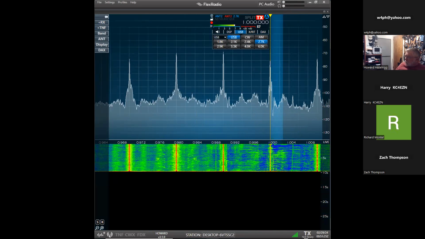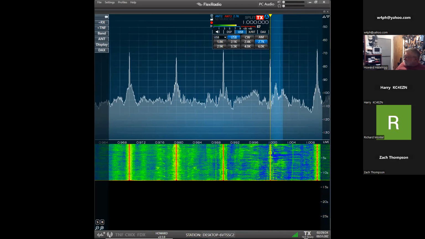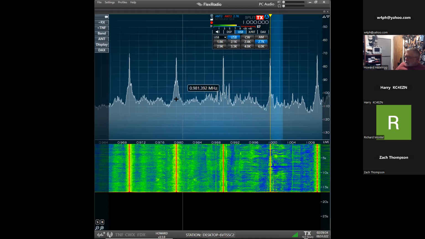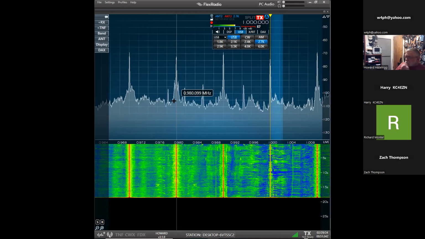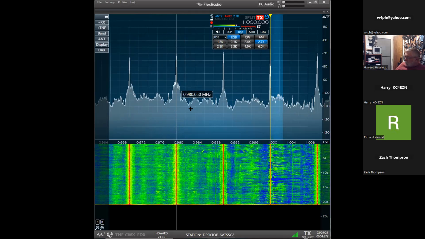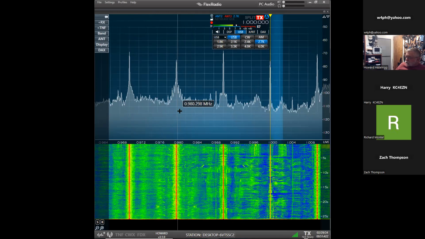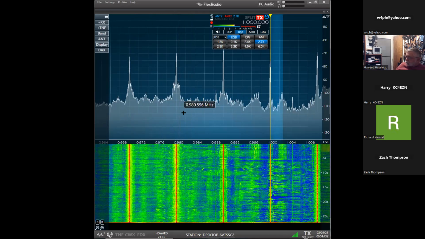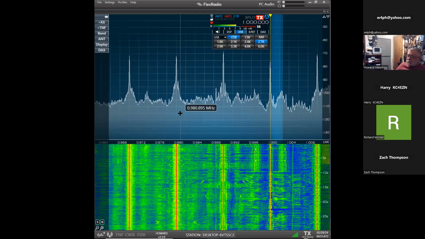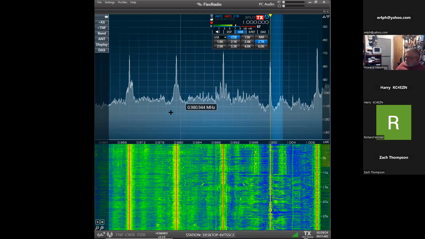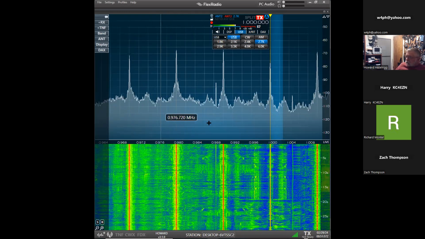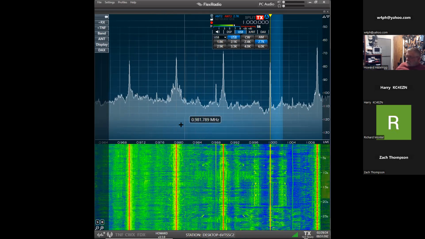And what we were looking at, this spike in the middle of all these signals, these are different stations, is the carrier wave, with the right-hand portion here that you see, and then the left-hand portion. The right hand is the higher frequency, so it's the upper sideband of an AM signal, and this is the lower sideband of an AM signal, and you can see that it would therefore be very, very wide.